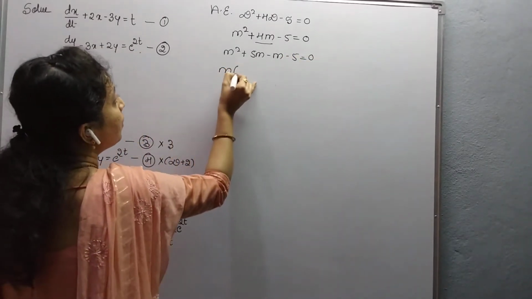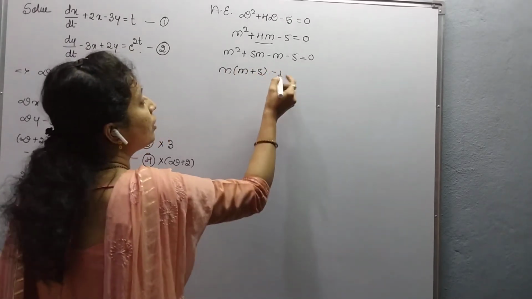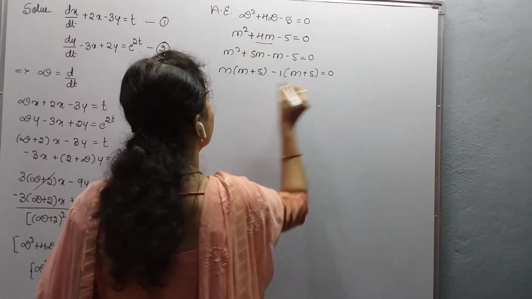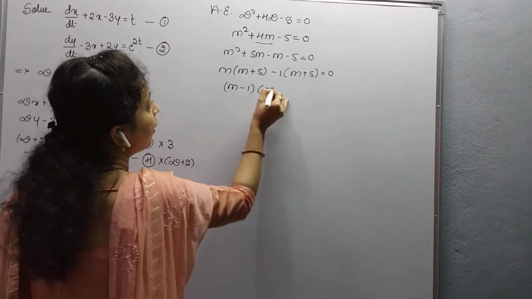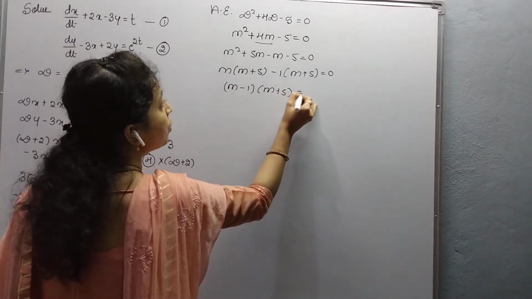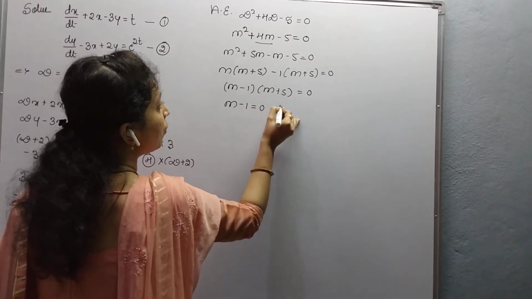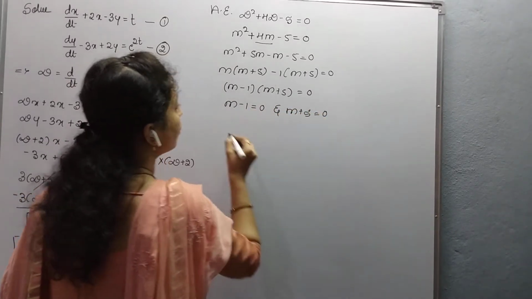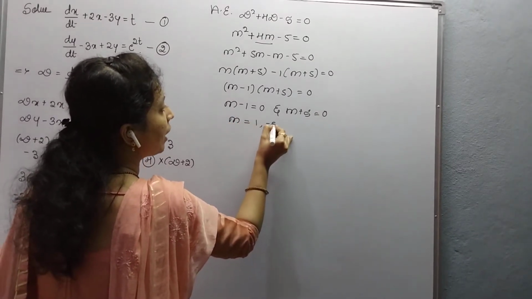Then m is common in the first two terms, giving m(m + 5), and -1 is common in the rest, giving -1(m + 5) = 0. It means (m - 1)(m + 5) = 0. Therefore m - 1 = 0 and m + 5 = 0, so the values of m are +1 and -5.